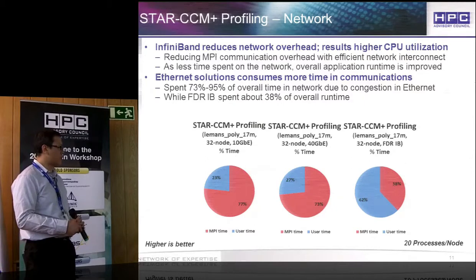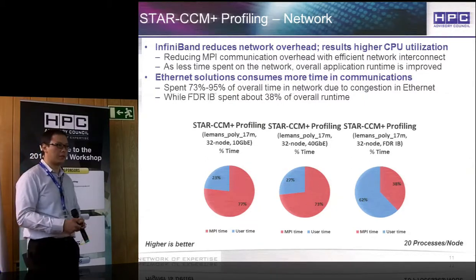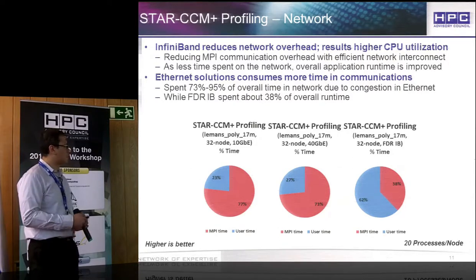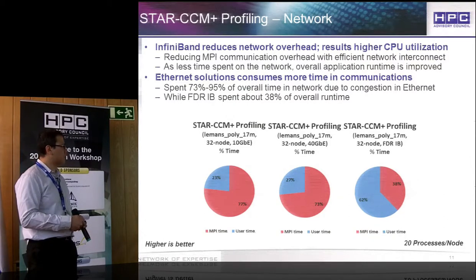So the red part is the amount of time that's spent on communication in MPI. Approximately 73% or more is actually spent on communication, compared to InfiniBand.